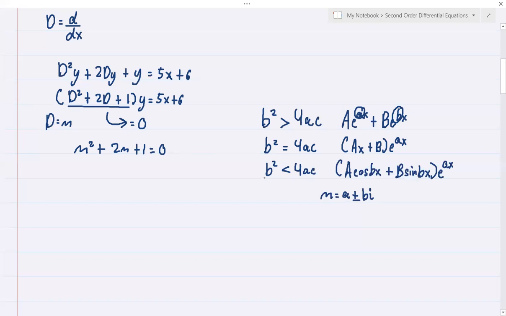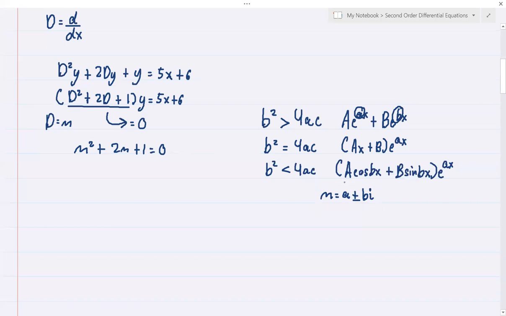Okay, so meaning this is having two m values that are complex, or basically not real numbers. So if you're going to have not real numbers, therefore you're going to have this as your format.